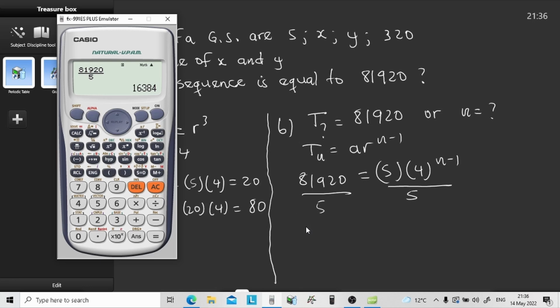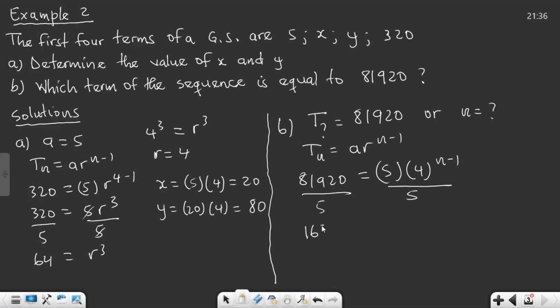So you have 16384 is equal to, this will cancel. So you remain with 4 to the power of, let me do this, you remain with 4 to the power of n minus 1. This is what we have on the right side.